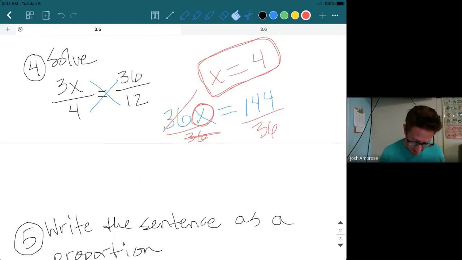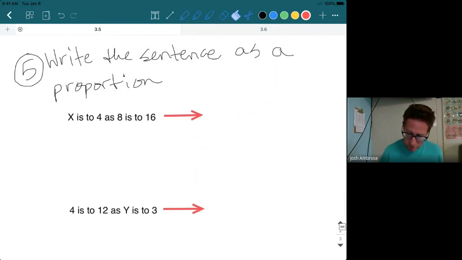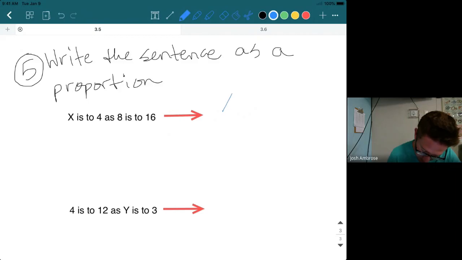We have 2 little mini examples here. Write the sentence as a proportion. You don't have to solve it. You just have to write the proportion. So this is going to work out pretty simple here. Go in order. X is to 4. Start there. X is to 4.